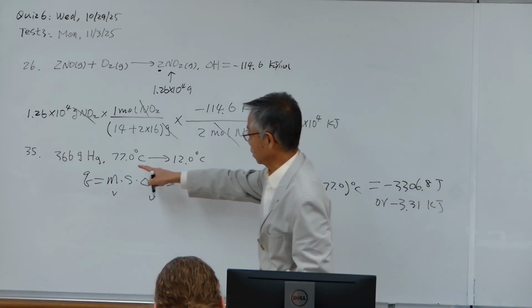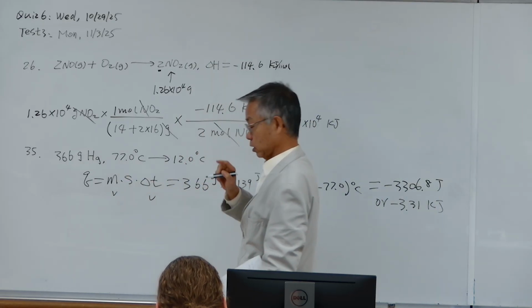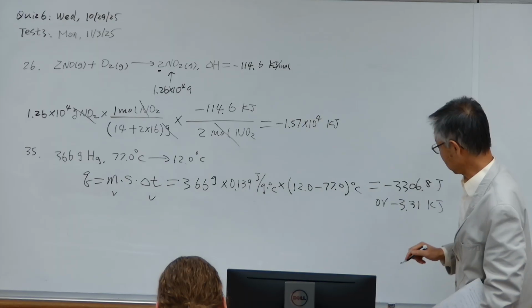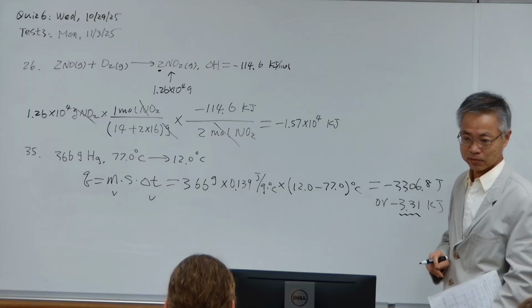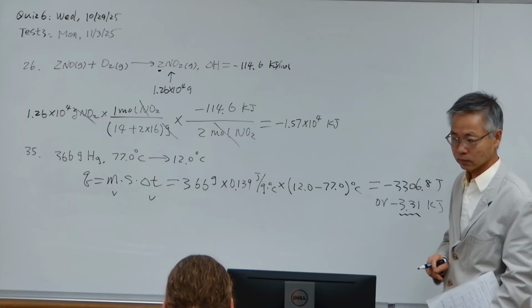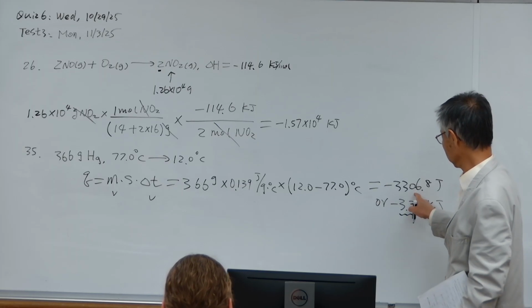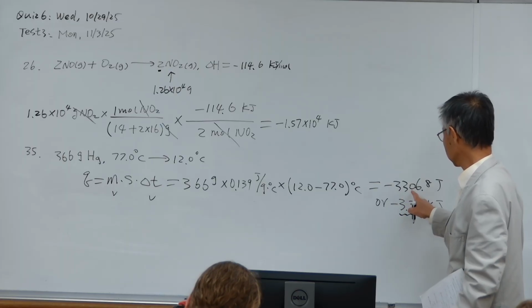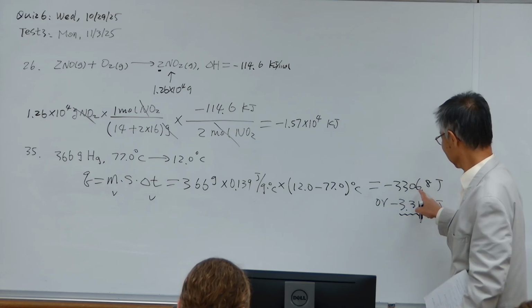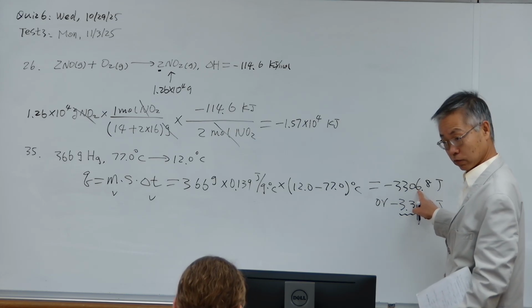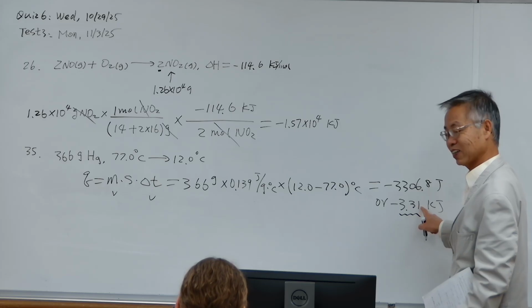Since the given values are in 3 significant figures, we keep 3 significant figures. 3.31, because it used to be 3.306, and this one is 6, greater than 5, so we round up to 1.